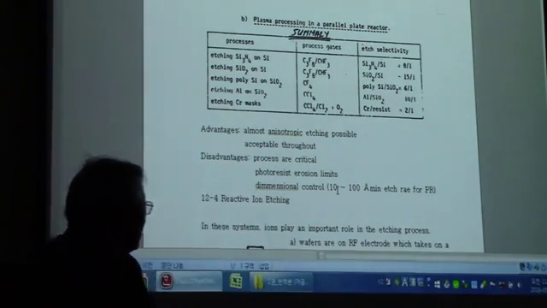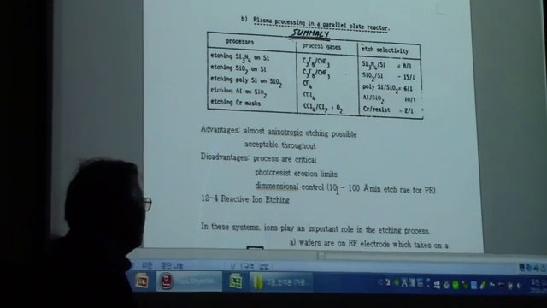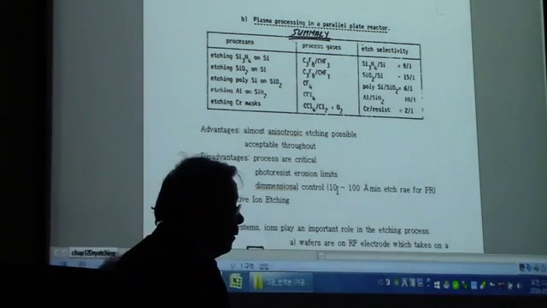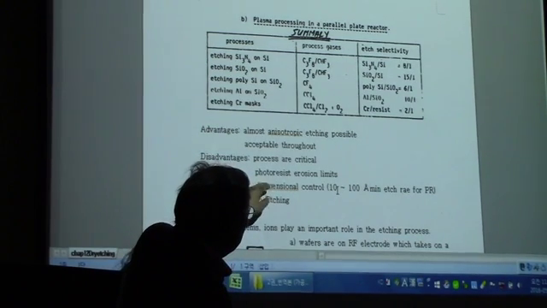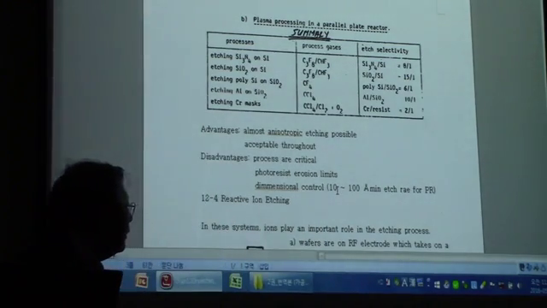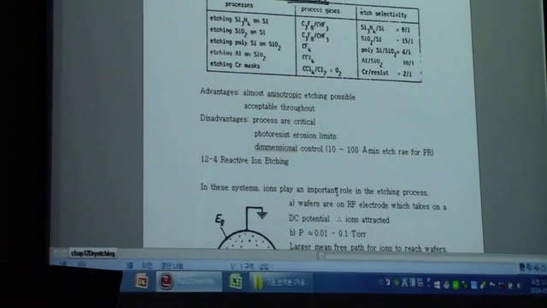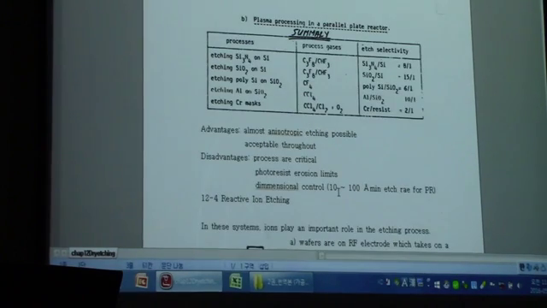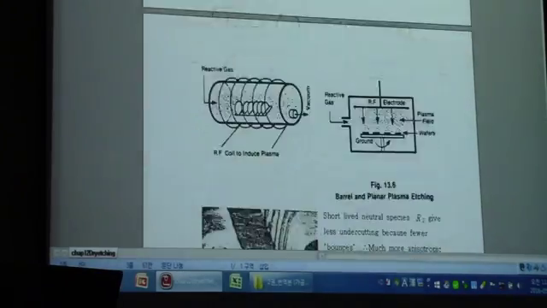Photoresist erosion means the photoresist etching is sometimes a limiting case. The faster etching of the photoresist, and the dimensional control is better than the barrel type reactor. Okay, that is the planar type reactor.